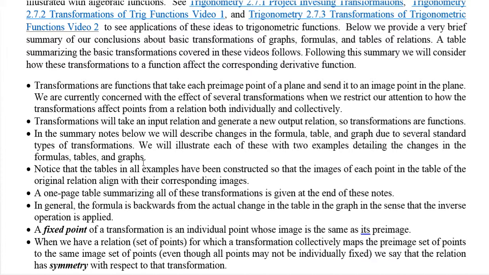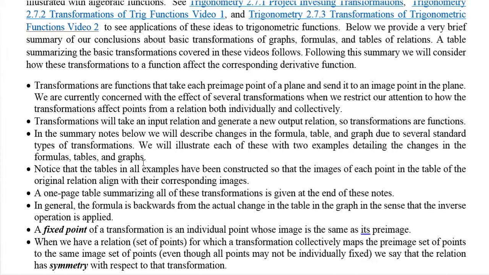Some basic things that you should know: transformations themselves are functions. They take a pre-image point anywhere in the plane and send it to an image point in the plane. So you can think of it point by point as matching it. We're also going to restrict our attention to how they affect the graph of a certain relation. You can think of it individually at the point level, how things are moved around from pre-image to image, input to output.